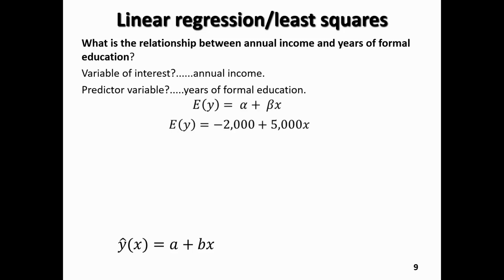Now, based upon previous research, a researcher might reasonably surmise that the parameters, based upon previous studies and perhaps other theoretical considerations, that the alpha, the fixed value, would be negative 2,000. And because our outcome variable is annual income, the units here would be dollars per year for our annual income. So our alpha would have to match those units. So this would be negative $2,000 per year.